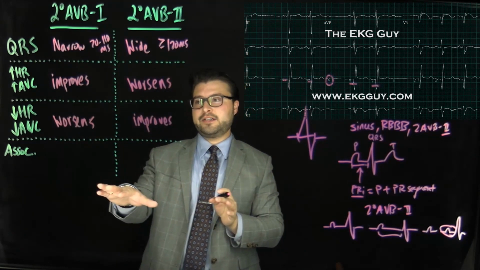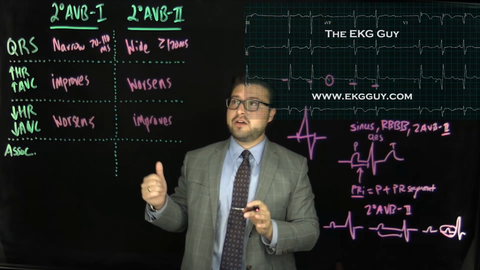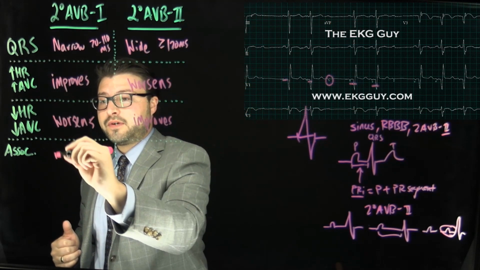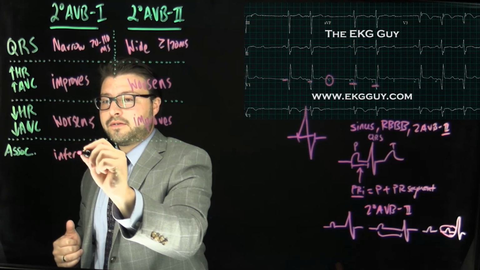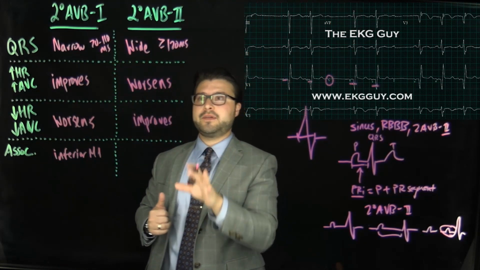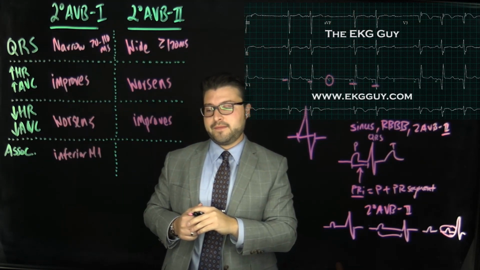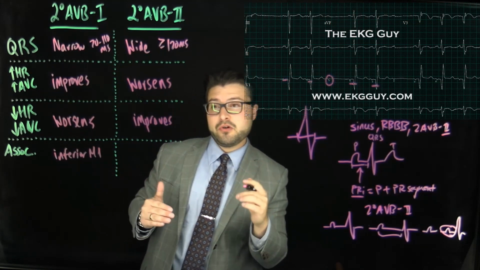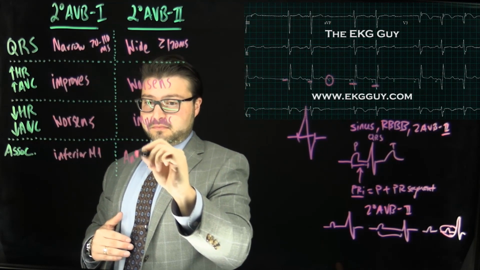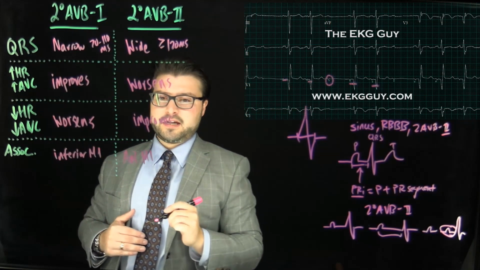And then lastly, I just want to mention some associated factors. Remember that with Mobitz 1, you want to think of inferior MI, or any AV conduction defect that can be associated with that inferior MI. And then Mobitz 2, all right, this is more damage, and so you want to think of anterior MI as certainly one that could be associated with it.